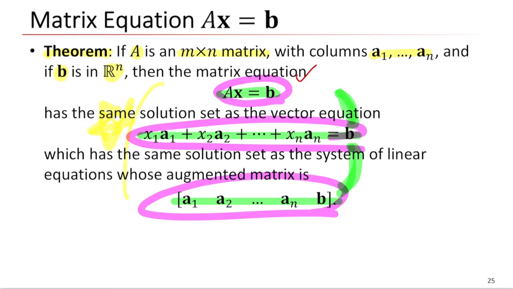Ax equals b, the matrix equation, has the same solution set as the vector equation: column vectors of A with the coefficients x1, x2 through xn is equal to b. This was the vector equation. So they have the same solution, right? So what does that mean?